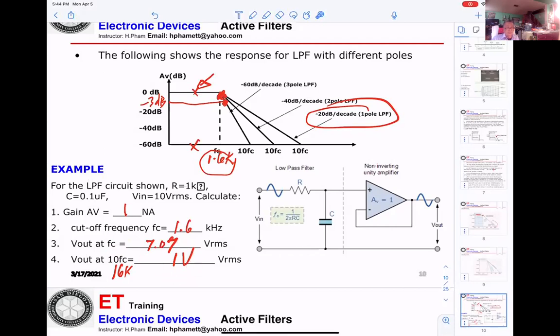That is how to calculate the output of the filter at the cutoff frequency, or at 10 times the cutoff frequency.